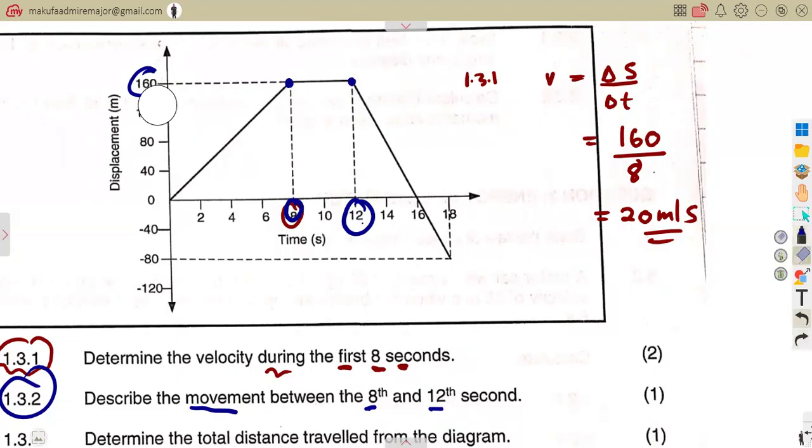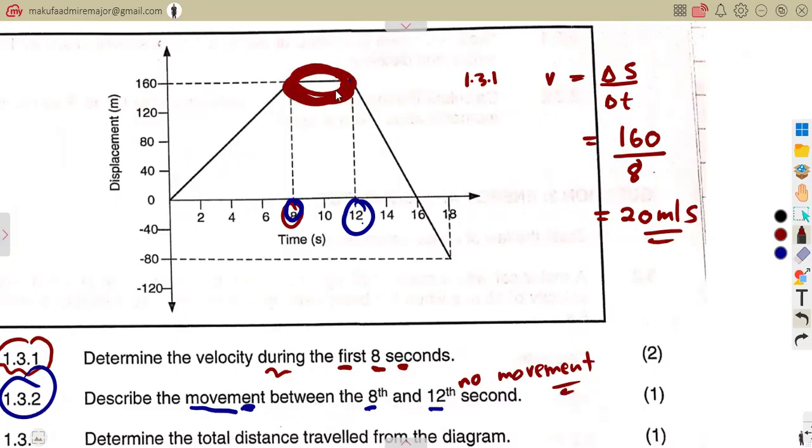The time changed, but there's no movement in this case. There is no change in the movement, which means nothing changed.